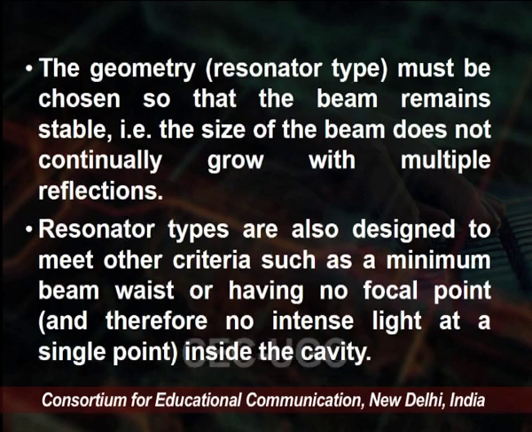The size of the beam will stay the same, meaning the beam moving in the spherical phase must have the same size. Resonator types are also designed to meet other criteria, such as having a minimum beam waist or having no focal point. Therefore, we can increase the intensity. There will be no loss of intensity inside the cavity.